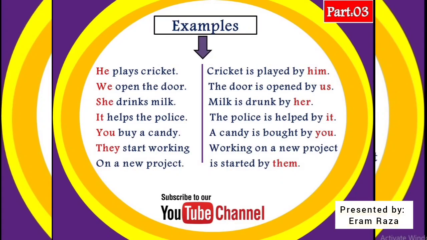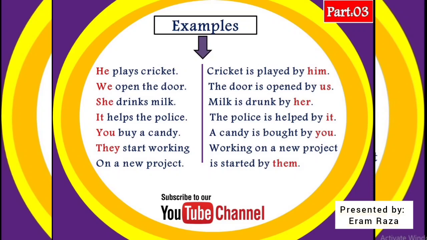Here are some other examples, like he plays cricket and the cricket is played by him. And we open the door and the door is opened by us. So he drinks milk, so the milk is drunk by her, and it helps the police and the police is helped by it. So if you remember in the chart, it was given like how these pronouns will change into passive.